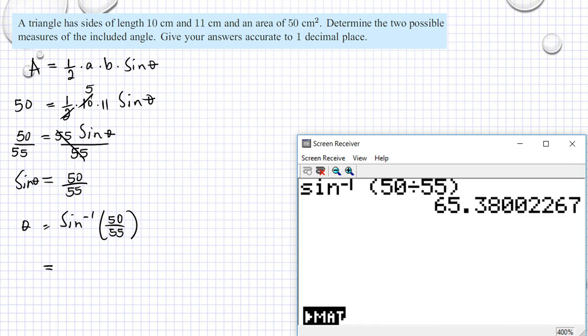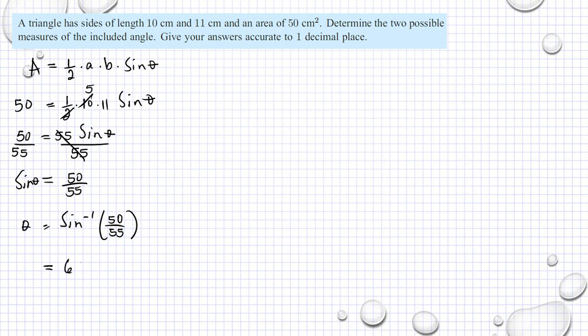Then we have 65.4 degrees. That's our theta. But we have also another theta, one in the second quadrant, 180 minus 65.4 degrees.